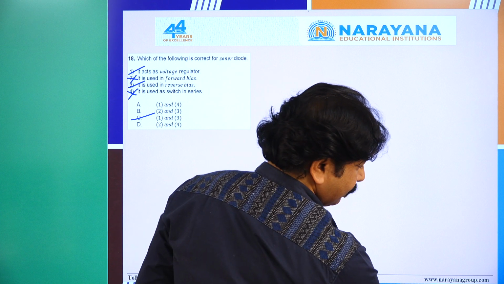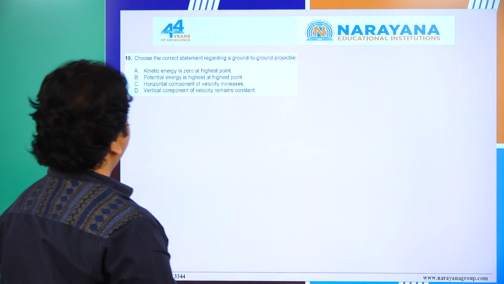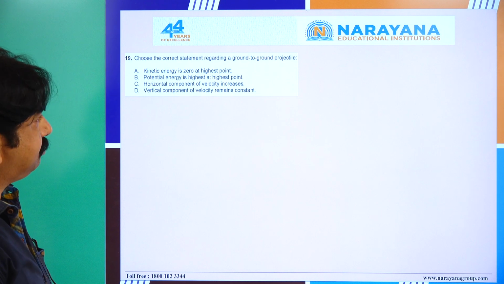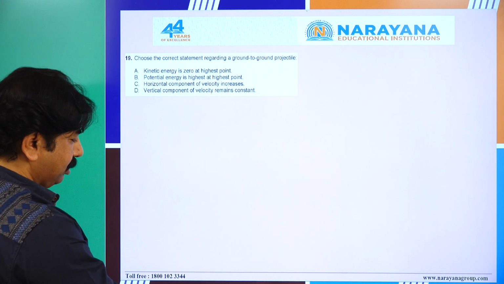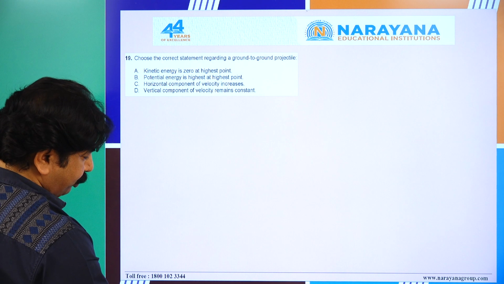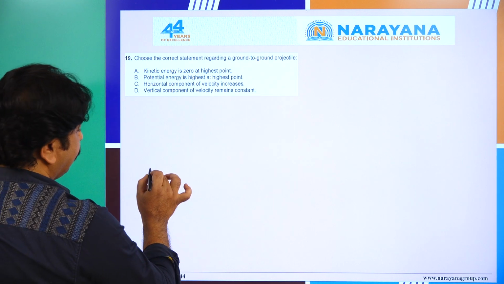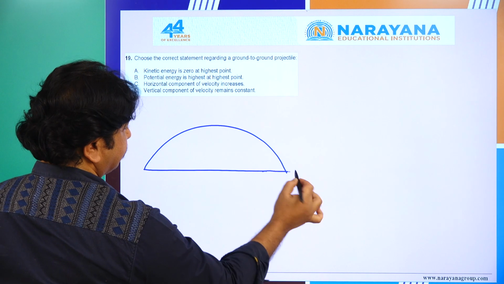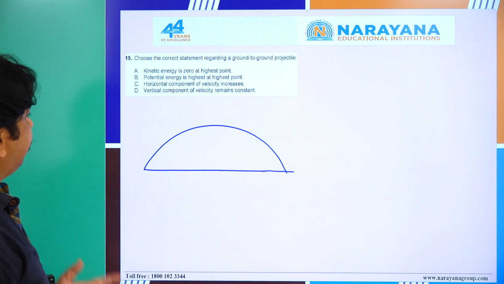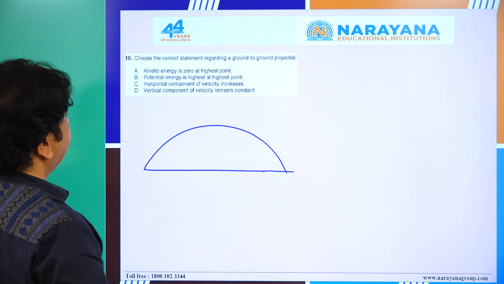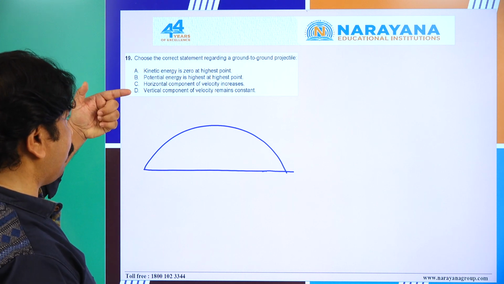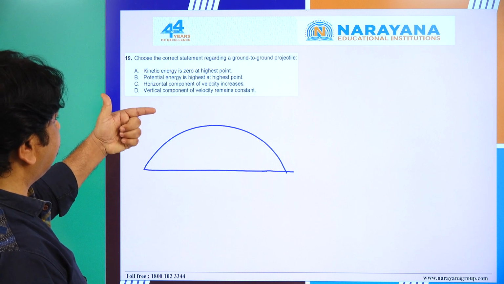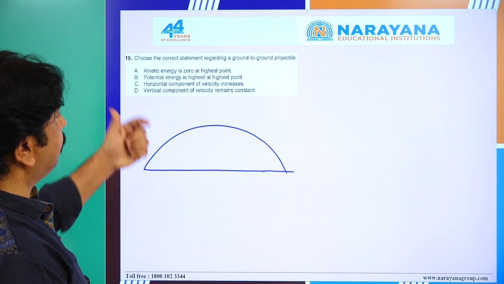Next question. Choose the correct statement regarding a ground to ground projectile. Very easy kinematics question, you know. Here they are asking about the first one, a kinetic energy statement; the second one, a potential energy statement; the third and fourth, velocity.